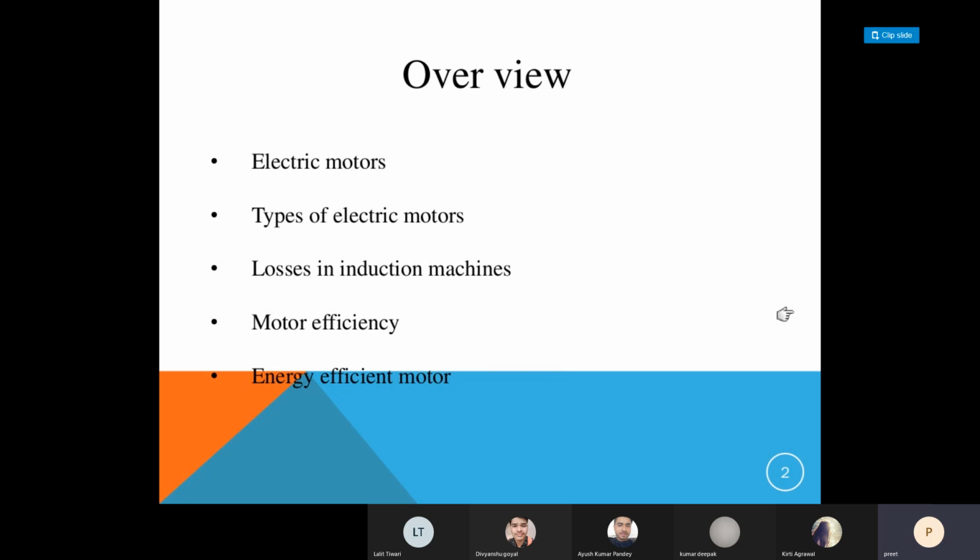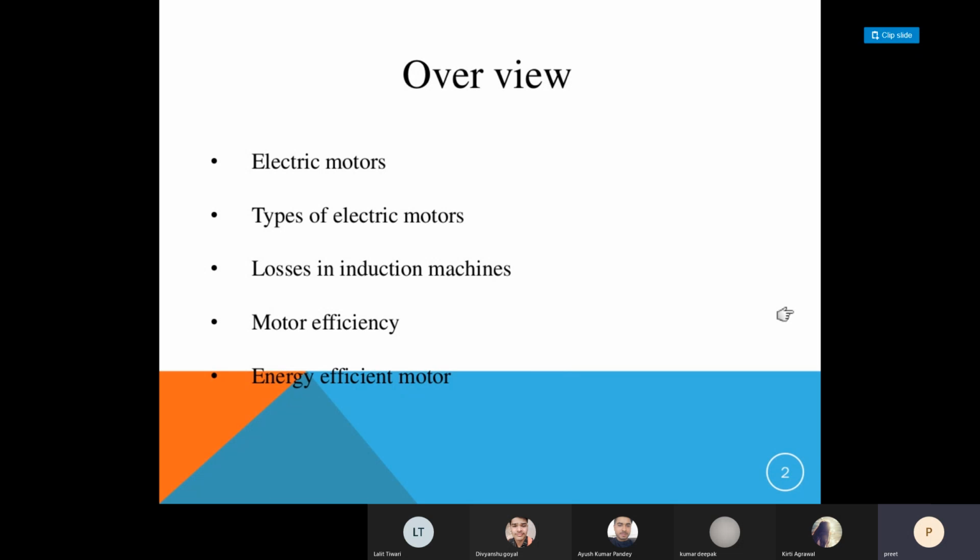In the very first lecture I told you about the many aspects and advantages of energy efficient systems. So it is very important for all of us as engineers to make our systems, if we can, more energy efficient, as it will lead to many more advantages.